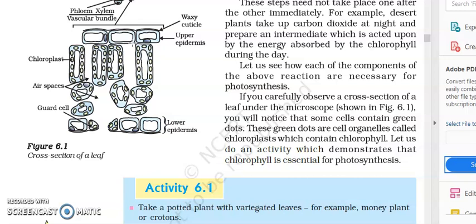The question is, the angiosperms, the true seed-bearing plants and the fruit-bearing plants, the plants with the vessels, xylem and phloem. There are two types, monocots and dicots, monocotyledons and dicotyledons.